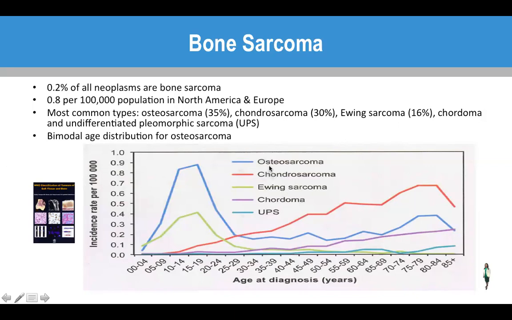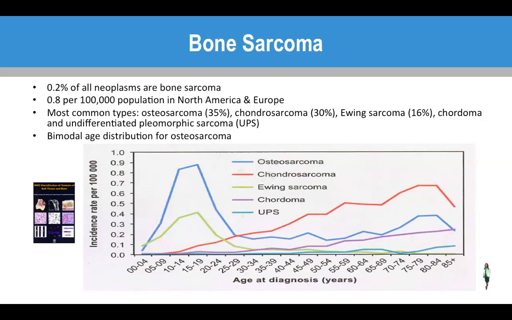So let's look at osteosarcoma. This is the number one primary bone tumor. It is mostly in young patients, teenagers or college students. That's one peak. The second peak is older patients when they are 50, 60, 70, and 80. They can be de novo, but it can also be secondary, for example, the patient has Paget's disease of bone, or the patient had radiation therapy.